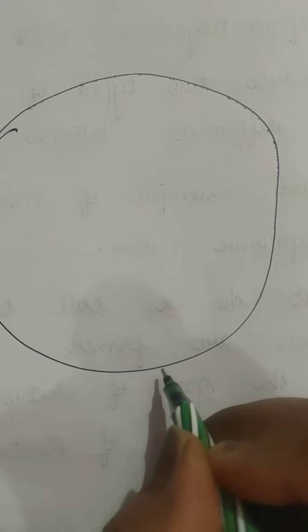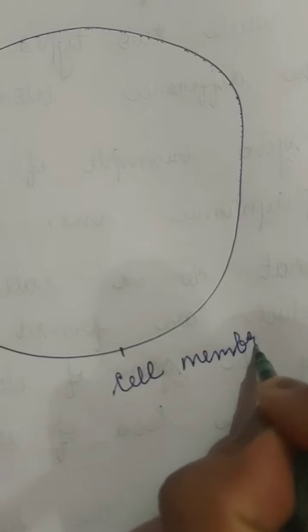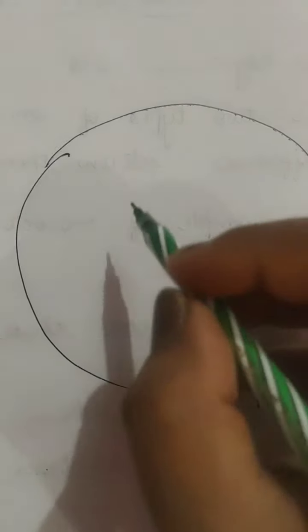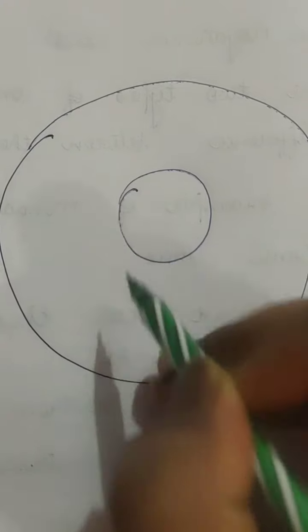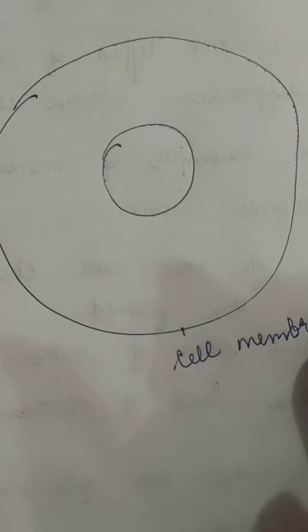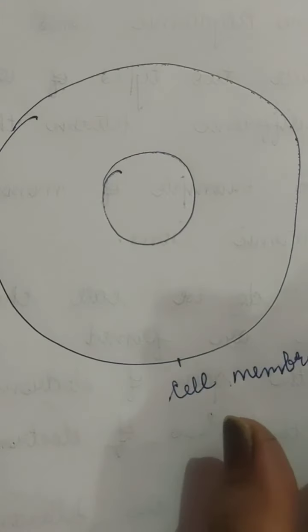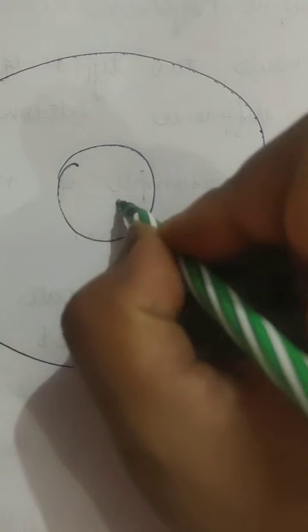Okay, so it's a cell membrane. So inside the cell there is a nucleus. So nucleus is a controlling unit. You all know that. Here we are not studying about cells, so I'm not drawing any other cell organelles in this. I'm just talking about the nucleus. So this is a nucleus.